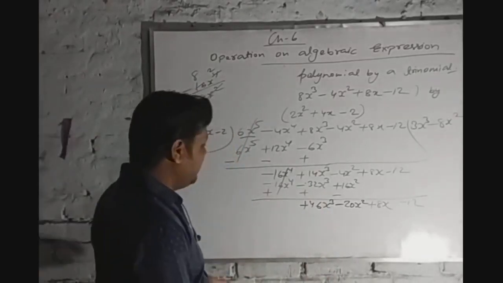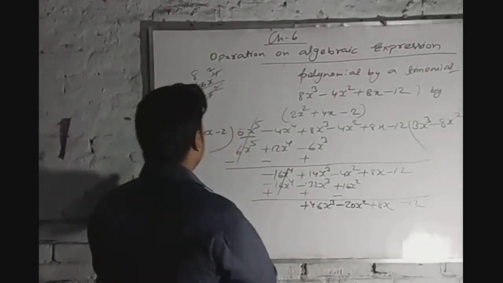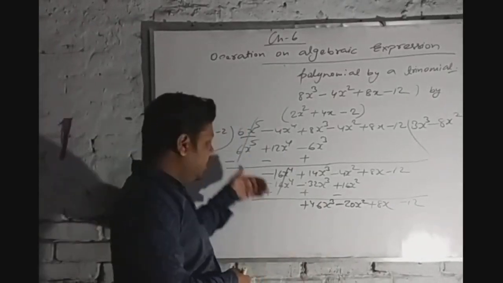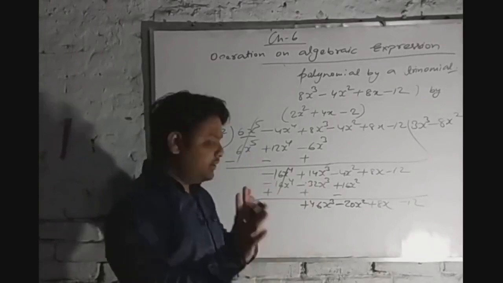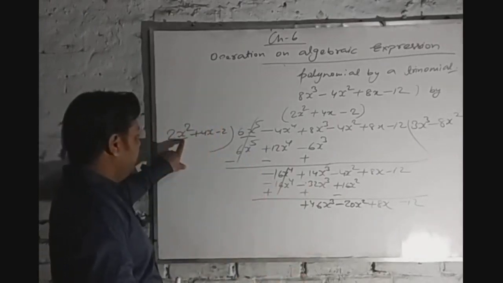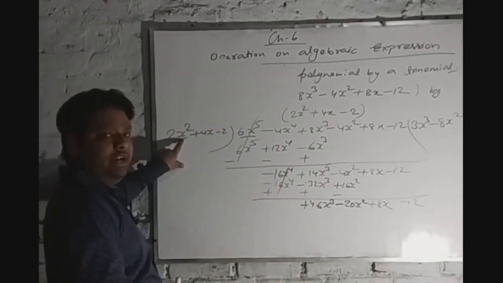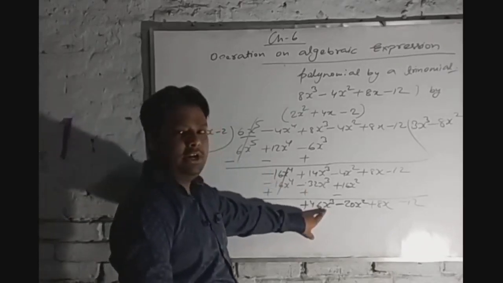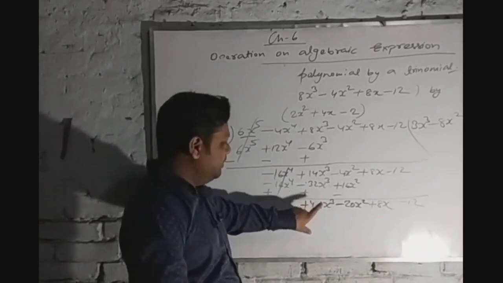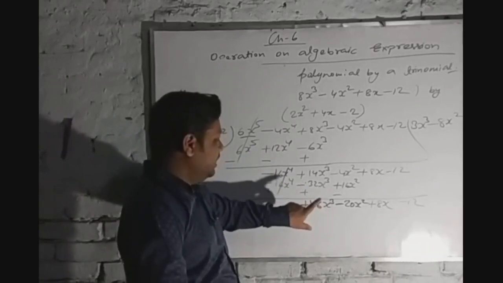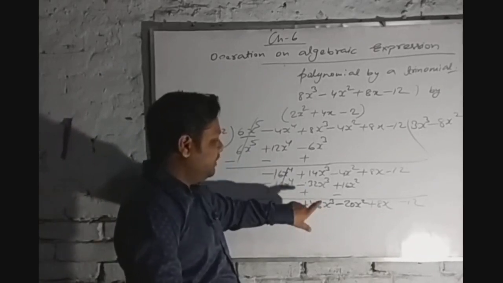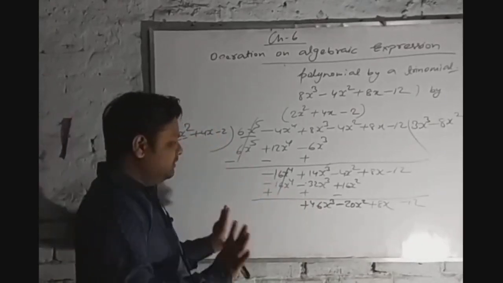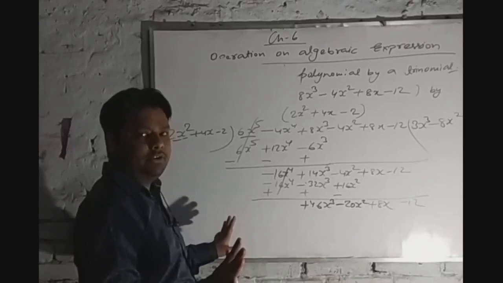Again we have to check. Here you can see the question is how many times we will go. At first we will look at the power. The degree of the variable is 2 because the highest exponent is 2, and here the highest exponent is 3. If the exponent of the remainder is less than the exponent of the divisor, it means we will not divide further. Okay.